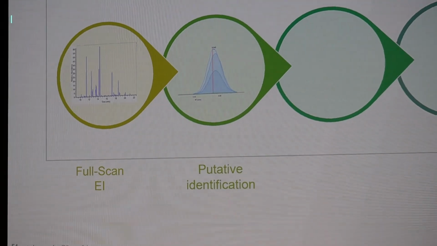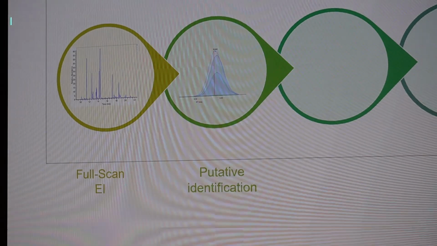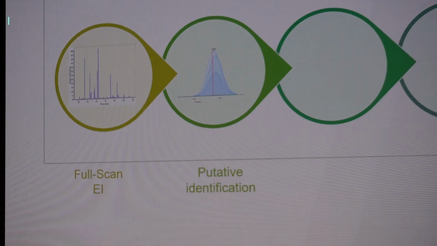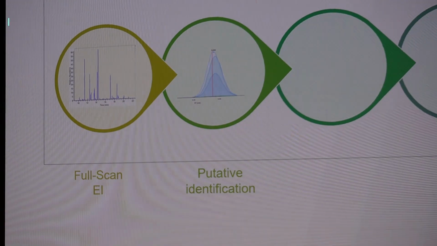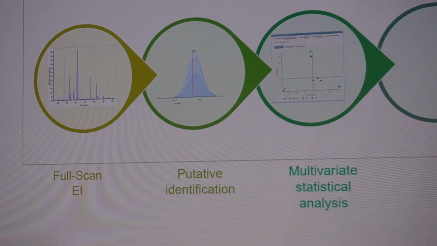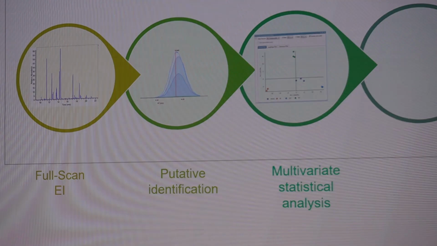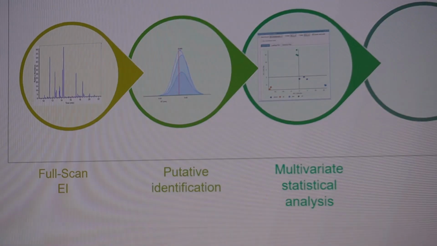Or maybe you want to go full-fledged untargeted, and you can process the data using Compound Discoverer, and based upon that you get the list of tentatively identified compounds.